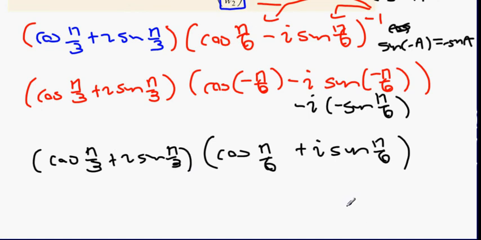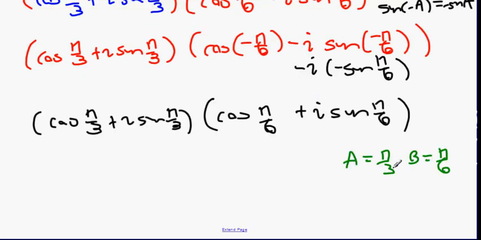Okay, A equals pi over 3, B equals pi over 6, so A plus B equals pi over 2.